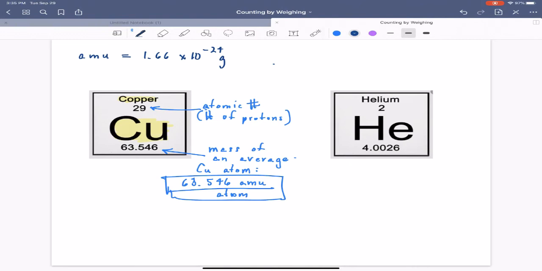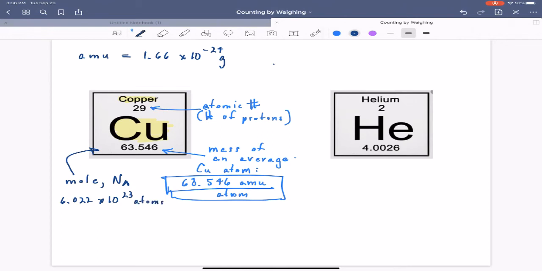But if we were talking about a whole group of this, and the group we're going to call a mole, that's a group that we refer to as the number of Avogadro, 6.022 times 10 to the 23 atoms.